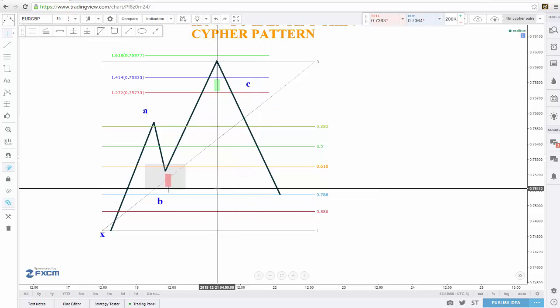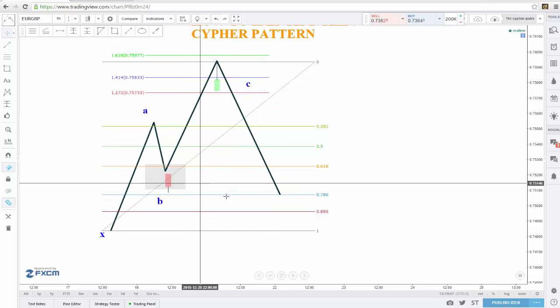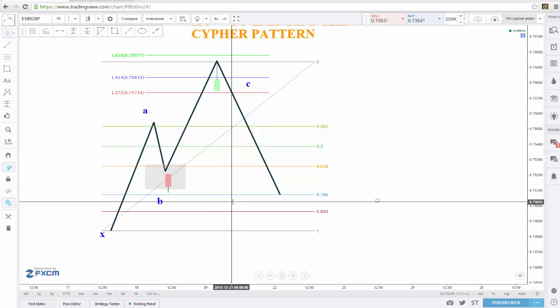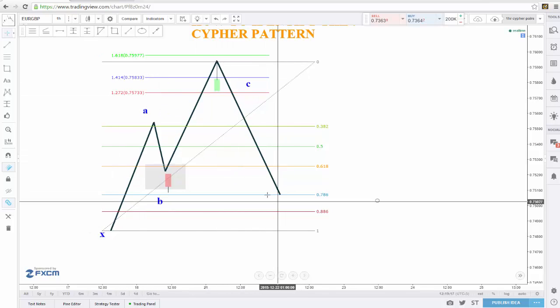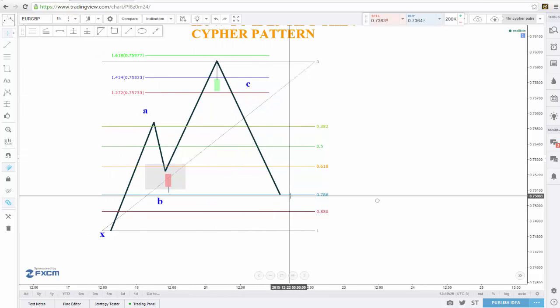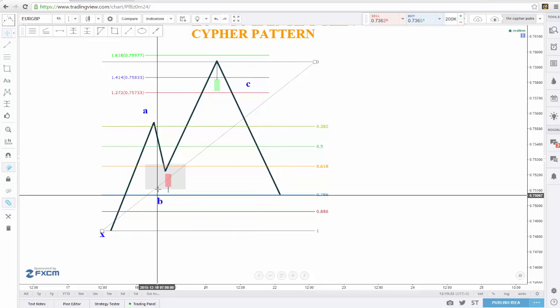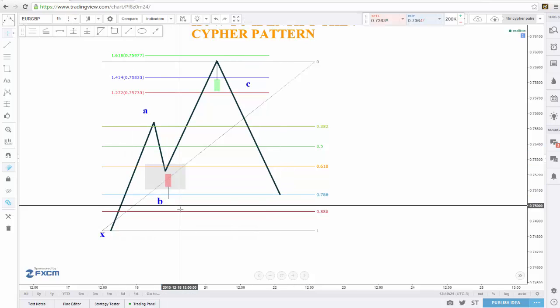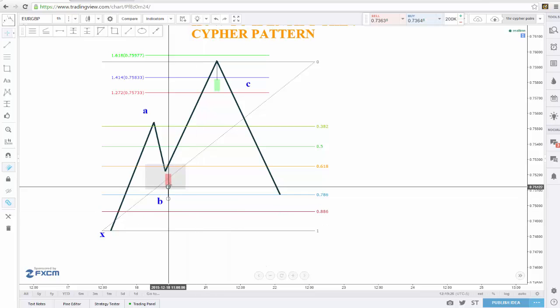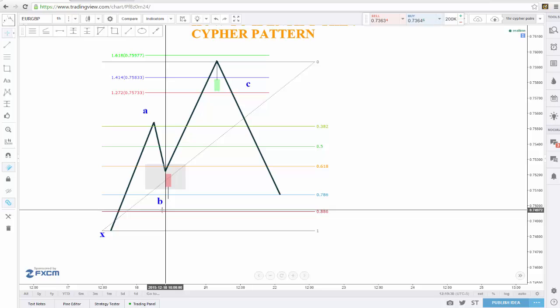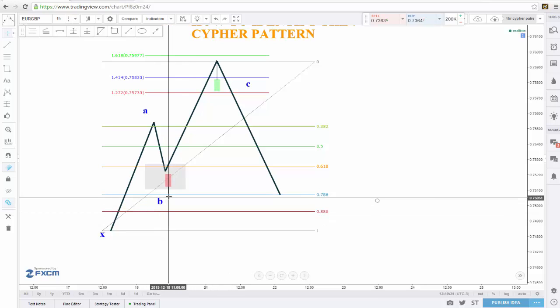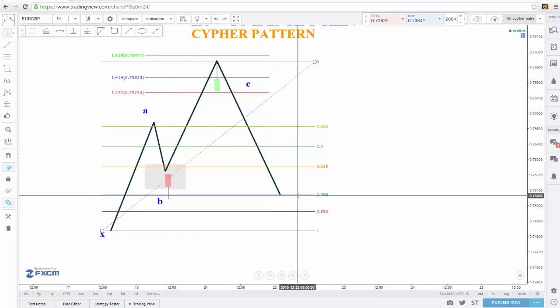Now there is one more rule to the cipher pattern that I don't hear mentioned as much as it should be, and that is that the B leg, once you pull from X all the way up to A to get your D, your finishing point of this cipher pattern, cannot touch the 786. So if this candle was our B point of the cipher pattern, then that would invalidate the cipher pattern because B comes below the 786 retracement.